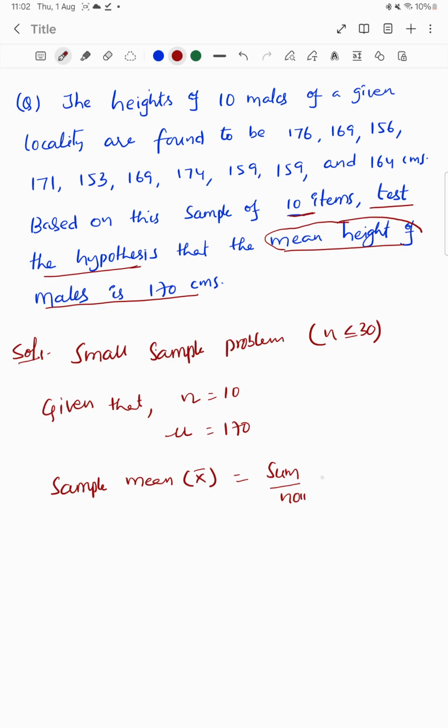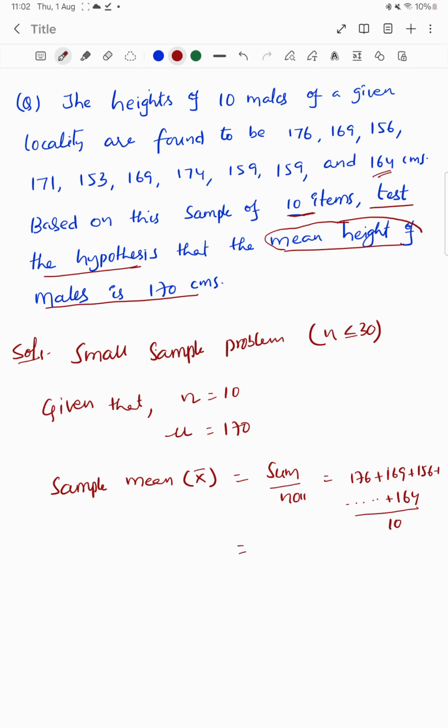Sum of the observations means the sum of all these values: 176 plus 169 plus 156 plus so on, plus the last one 164, divided by 10.